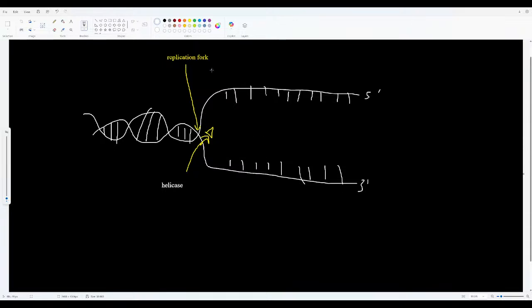So, DNA by itself can't just be added. We have to have a special start to it, right? If you think of a primer, I think of a gun, or a bullet, right? The bullets don't go off by themselves.